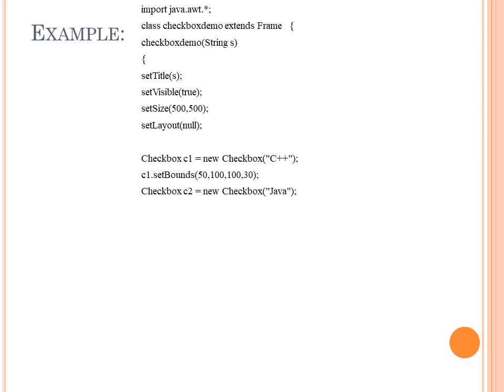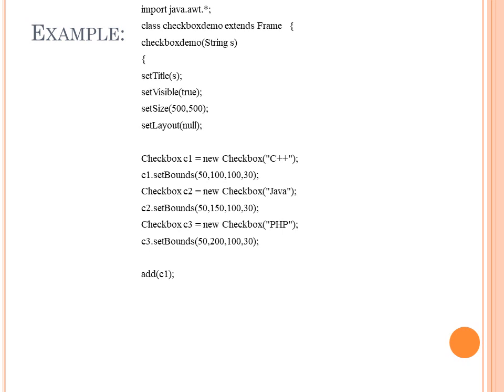Second one is Checkbox c2 is equal to new Checkbox, and over there we are writing Java as a label. Then to set the coordinates we are writing c2 dot setBounds. Then third one is Checkbox c3 is equal to new Checkbox. Over there we are writing the label as PHP, and then to set the coordinates we are writing c3 dot setBounds and its coordinates.